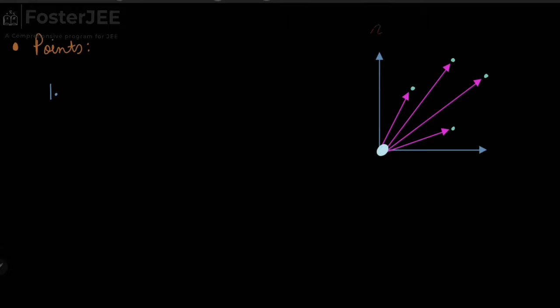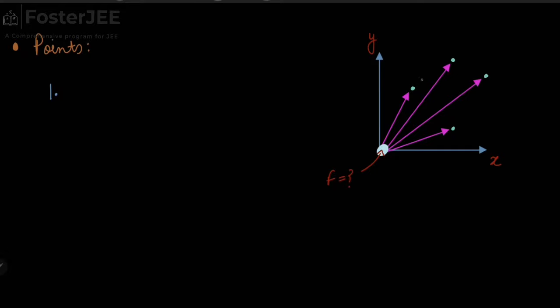Now, we will discuss some important points regarding Coulomb's law. Coulomb's law describes forces between only two charges, but suppose the charges are more in number. For example, suppose this is our y-axis and this is our x-axis. This is our charge on which force is needed to be calculated.